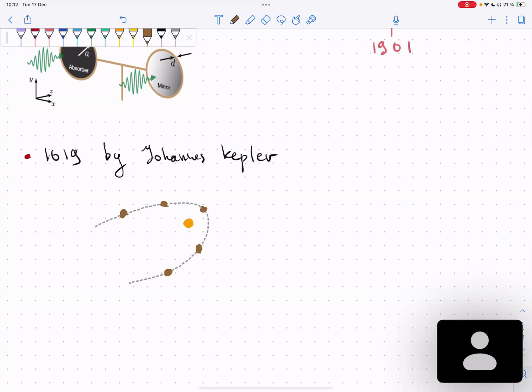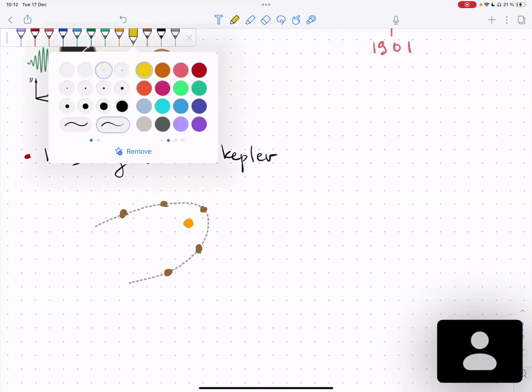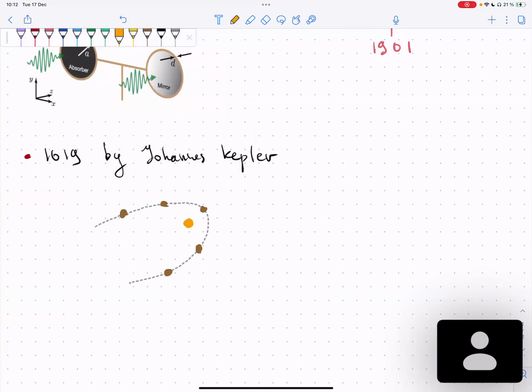Kepler noticed that the tail of the comet is always pointing in the direction from the sun. For example, this is the sun, this is the comet, and this is the tail of the comet.